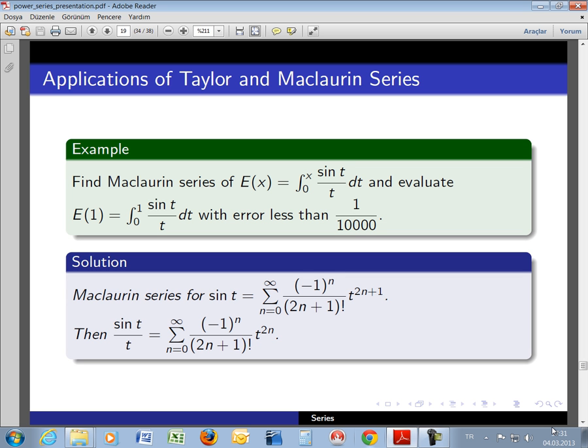Then we obtain the power series, the sum from n equals 0 to infinity of minus 1 to the power n over 2n plus 1 factorial times t to the power 2n.